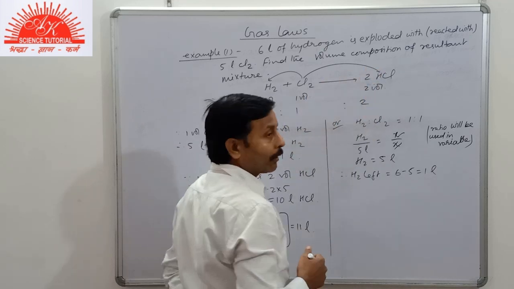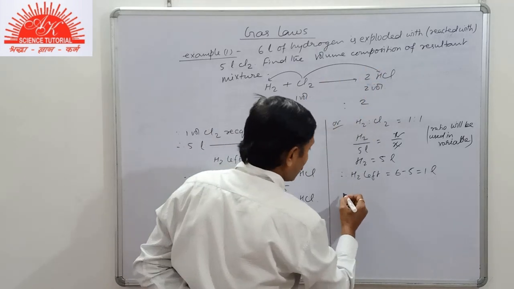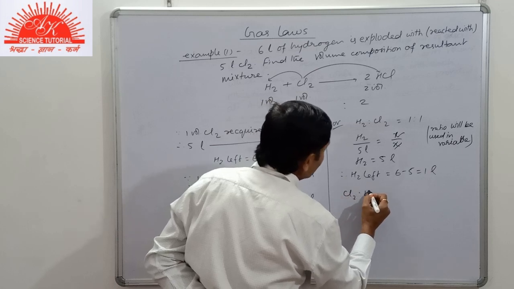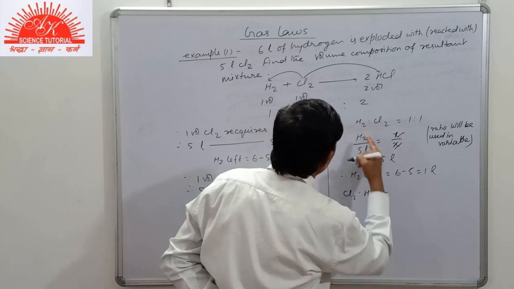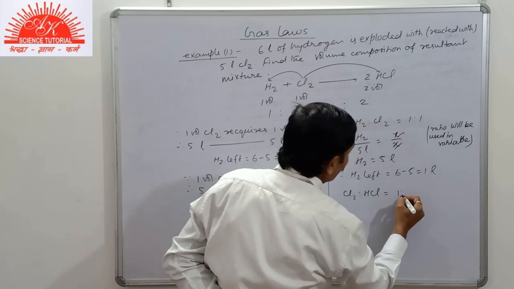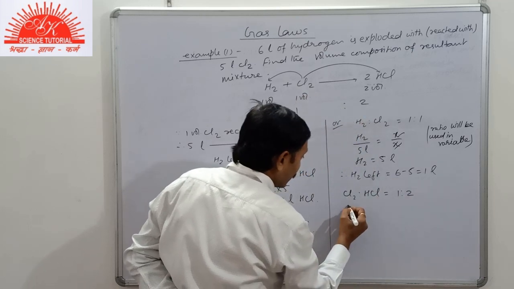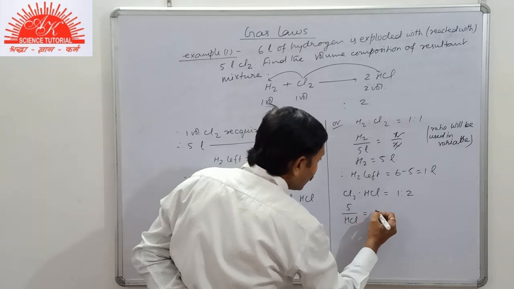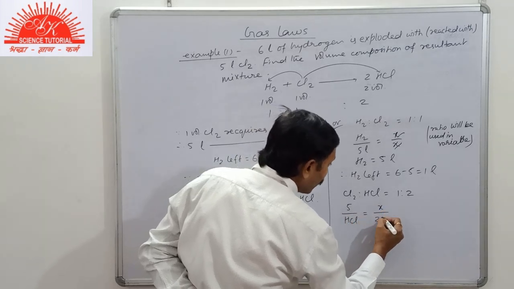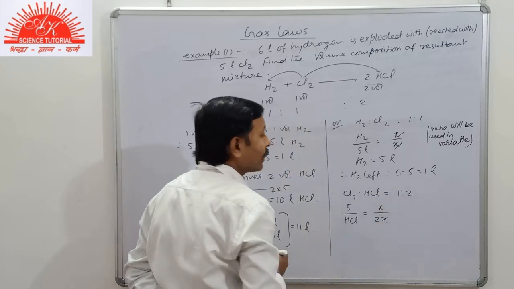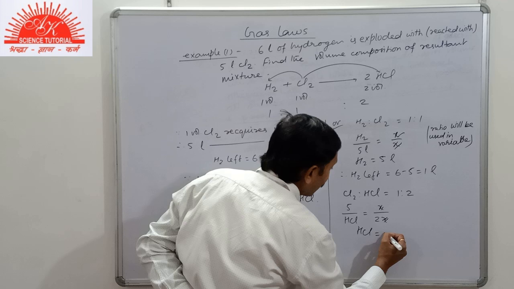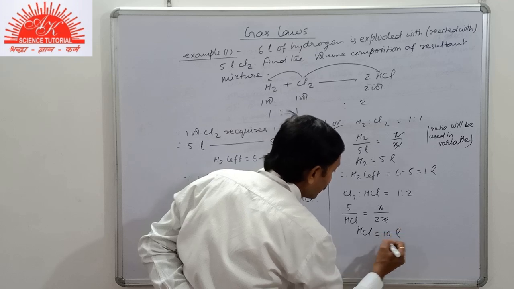Again go for the calculation of HCl on the similar basis, chlorine to HCl is 1:2. Now write 5 liter by HCl equals x upon 2x, taking it with a variable. Hence HCl is 2 into 5, that is 10 liter.